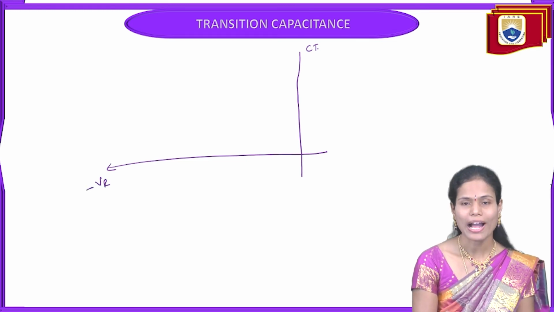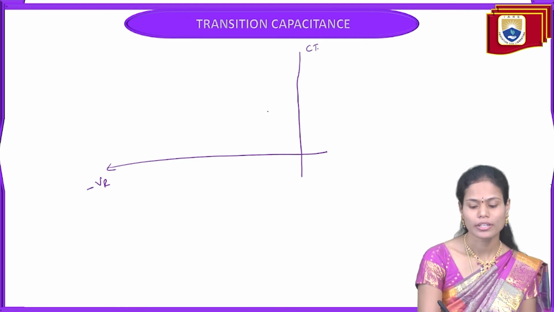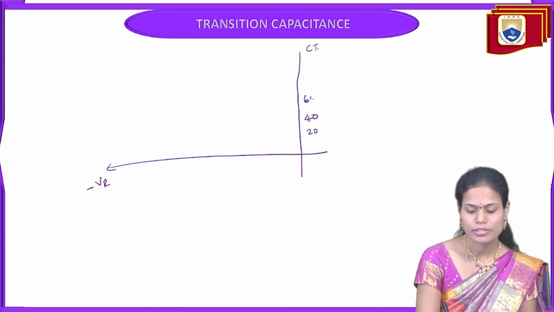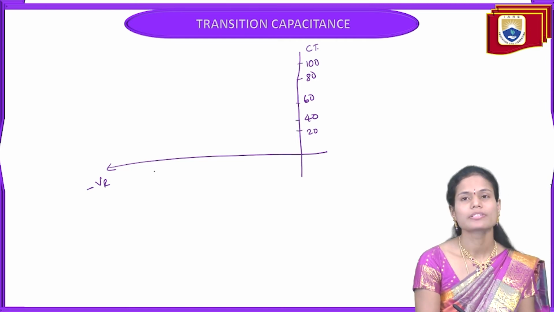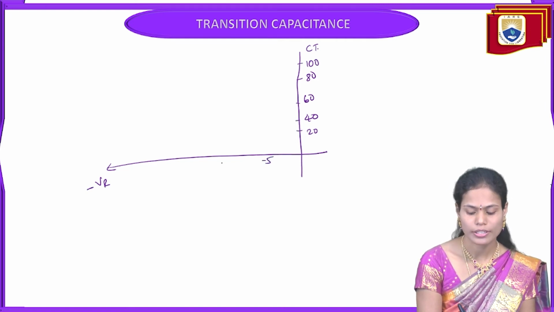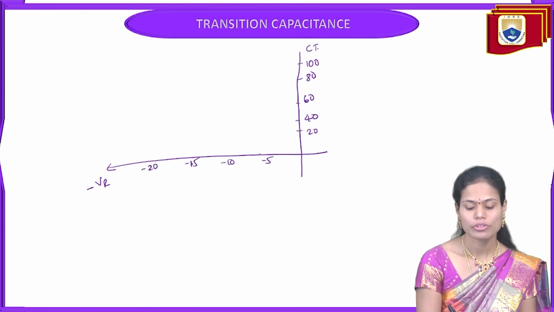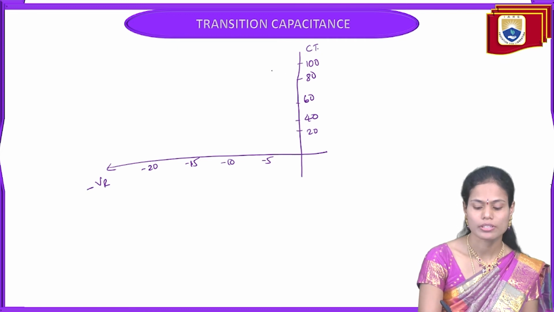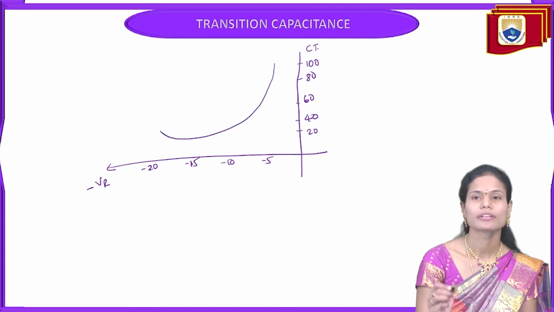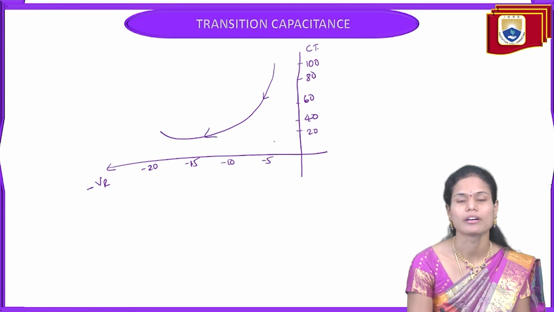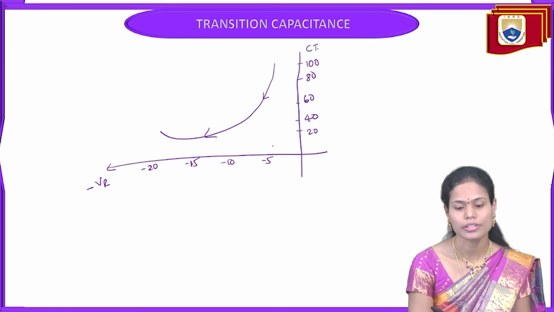As the reverse voltage increases, the transition capacitance decreases. Suppose the capacitance is 20, 40, 60, 80 and 100, and the reverse voltage is minus 5, minus 10, minus 15, minus 20 like that. As the reverse voltage increases, the capacitance decreases in this way.